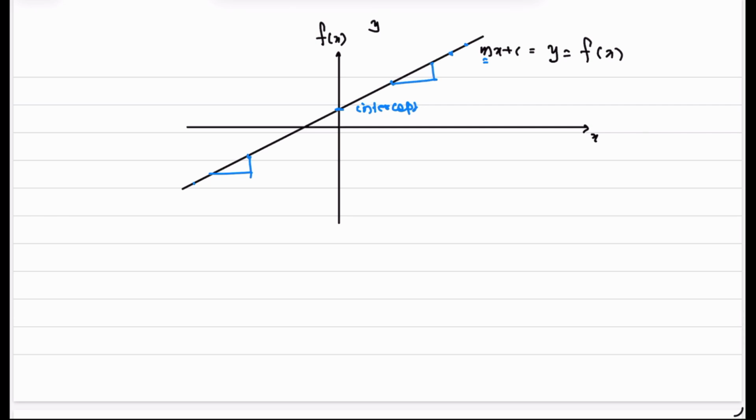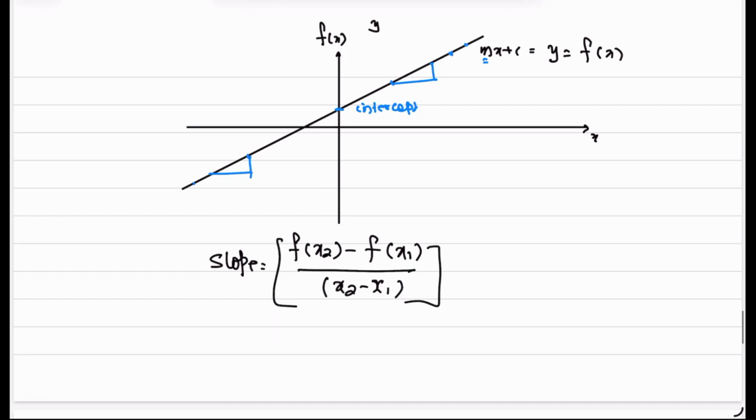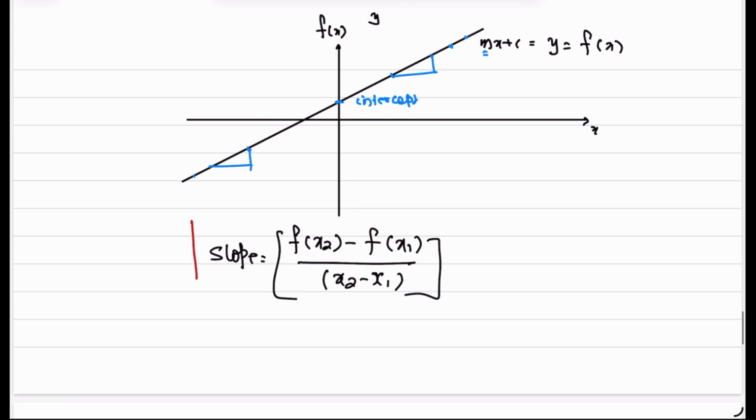Take any two arbitrary points. Slope is equal to f(x2) minus f(x1) whole divided by x2 minus x1. This is equal to slope. Slope of a function.